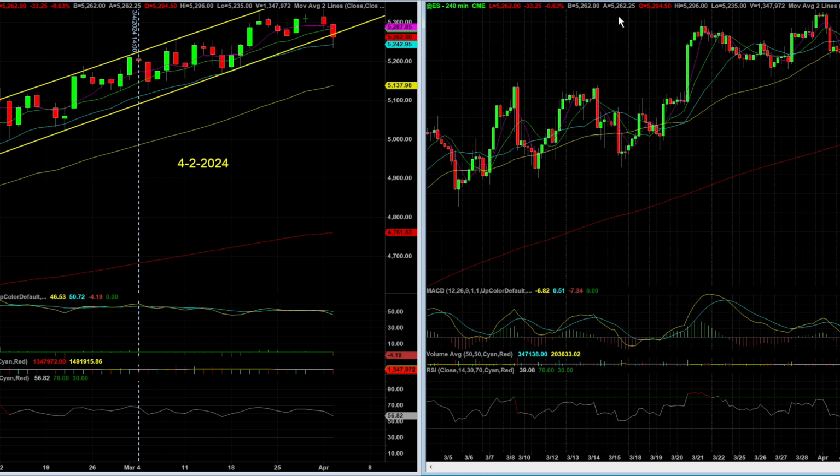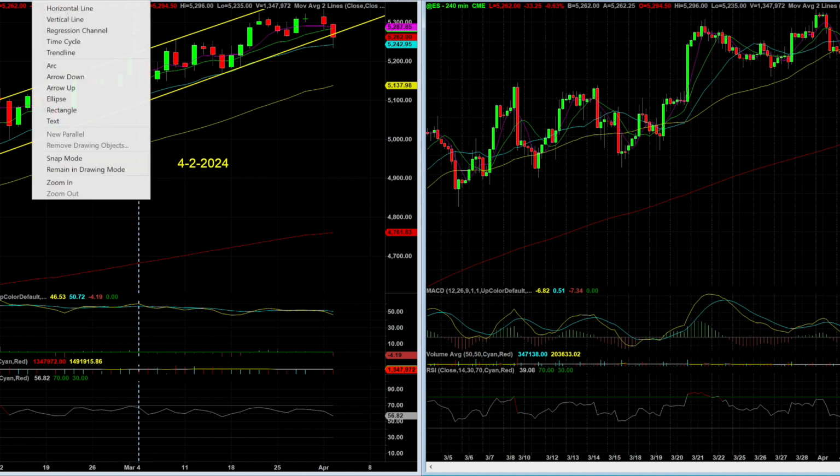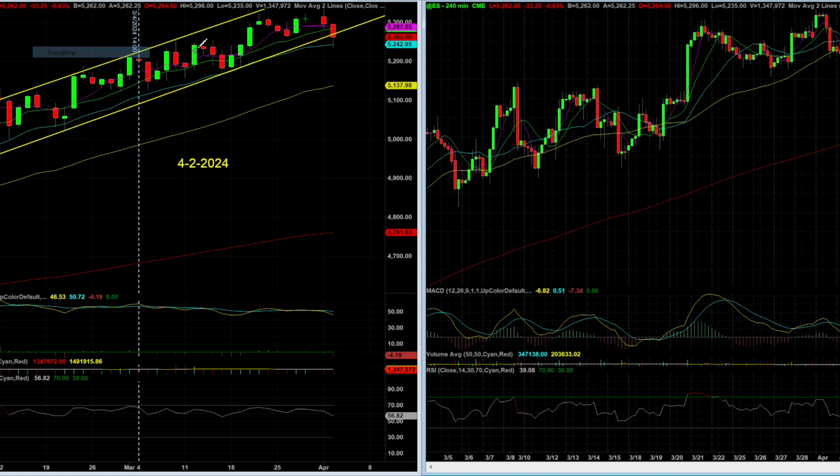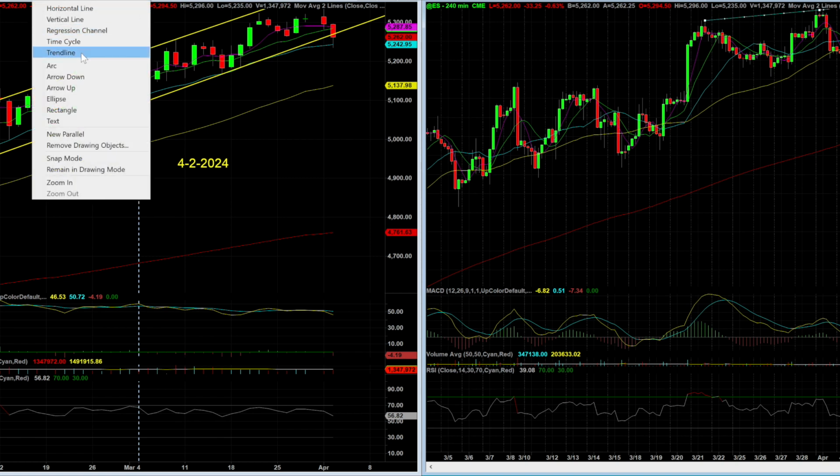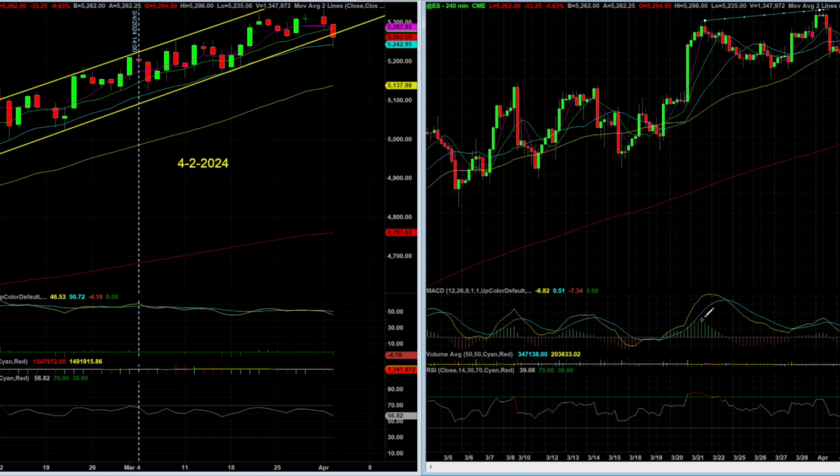Look at it, it's obvious. It's a divergence. Yeah, there's a MACD divergence versus the price action.